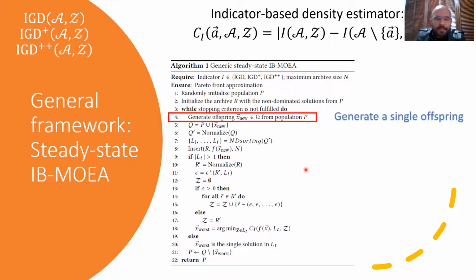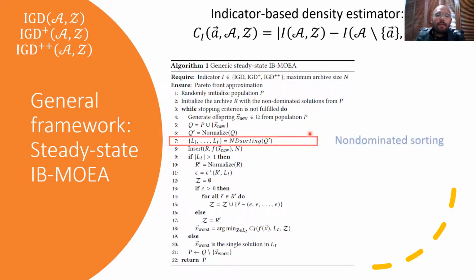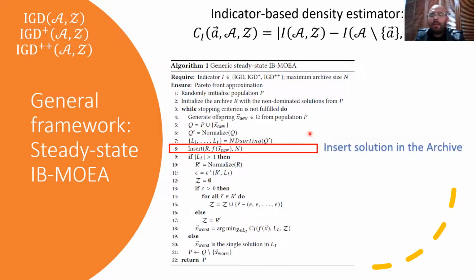So what's the idea of this algorithm? We will generate a single offspring solution. Then we will execute the non-dominated sorting using the Pareto dominance. And then we will use an archive. This is a very important thing to promote a good distribution of solutions and to define the reference set, which is necessary for the calculation of IGD, IGD+, and IGD++.